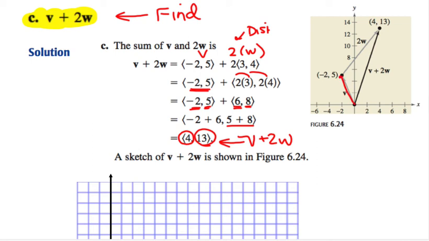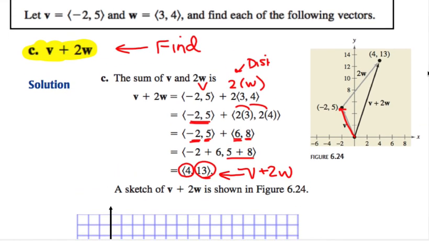here is our original vector v, and we're going to add 2w. If you remember w, it's not shown on here. W in component form is right 3 and then up 4. So there was our original w.